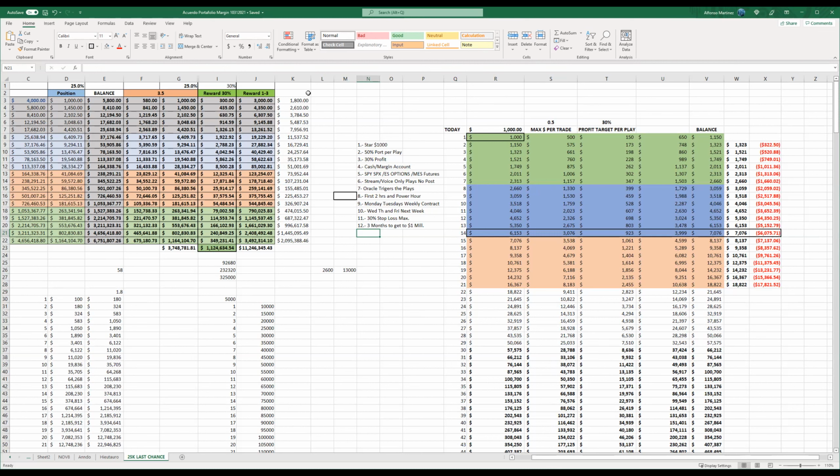We might take a couple. What is going to determine how many trades we take per day is the Oracle. If we get a line and we get the setup, we take another trade. We're going to take as many trades on the day as the Oracle permits.